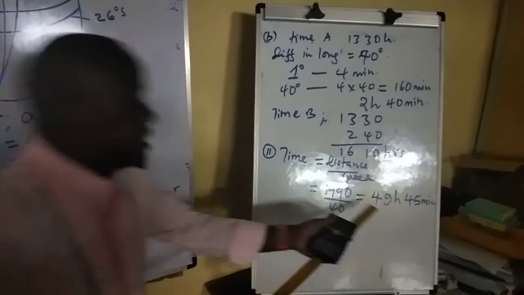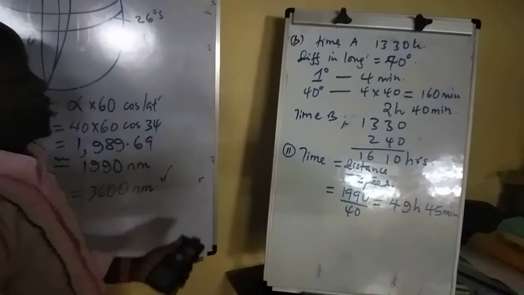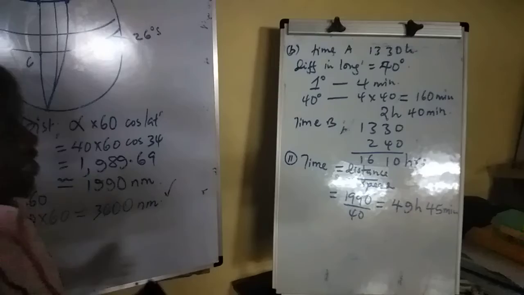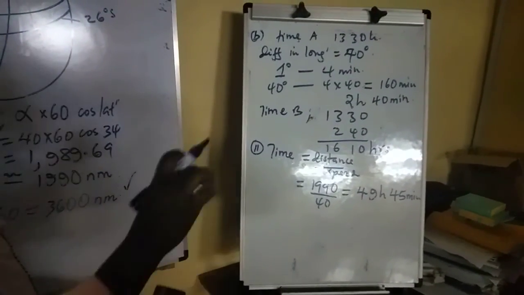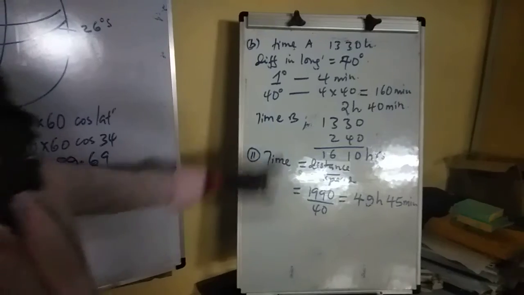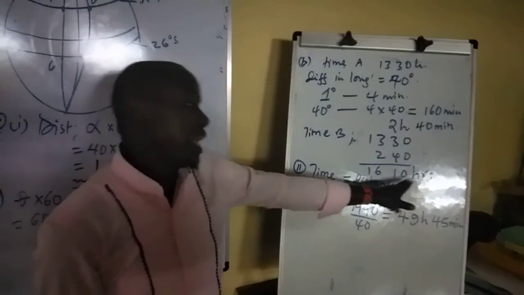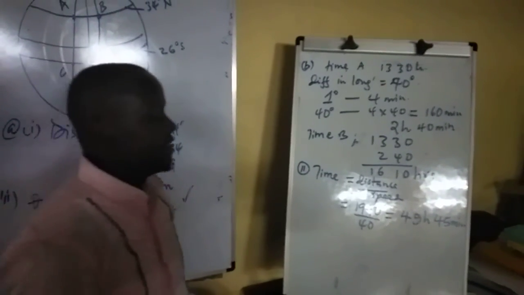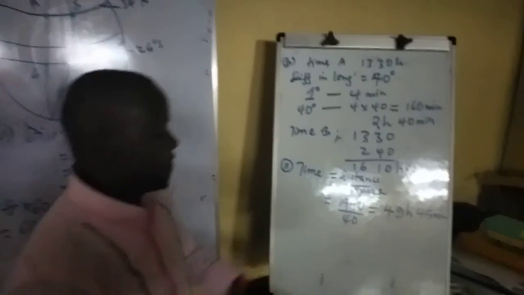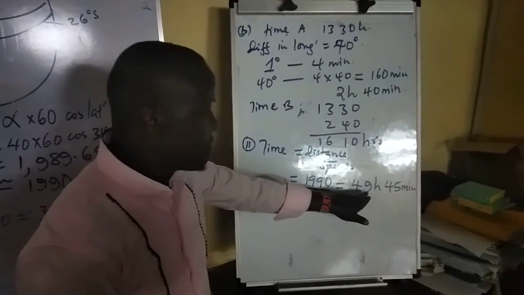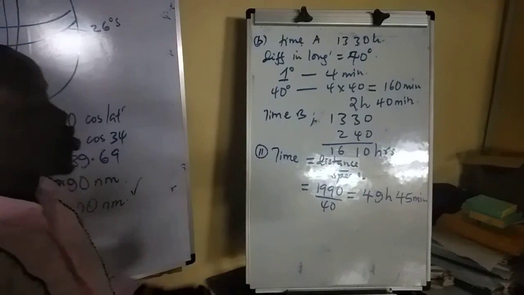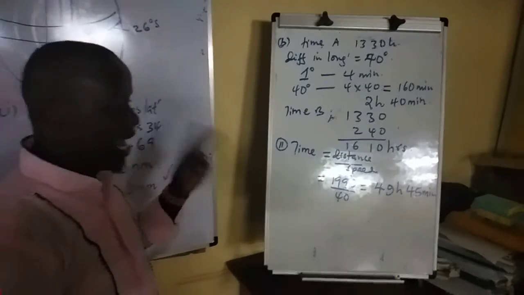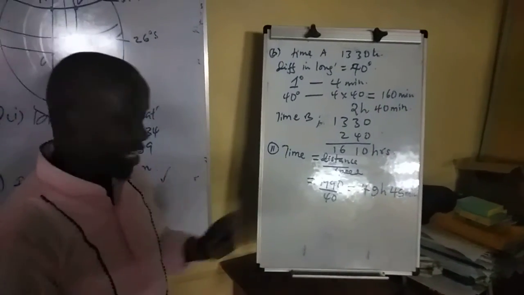Therefore, this is the time taken by the ship to sail from A to B. Now we know that the time it started to sail at B was 16:10. We want to know the time it will arrive. Therefore, in 49 hours and 45 minutes, we have 2 complete days and 1 hour 45 minutes.